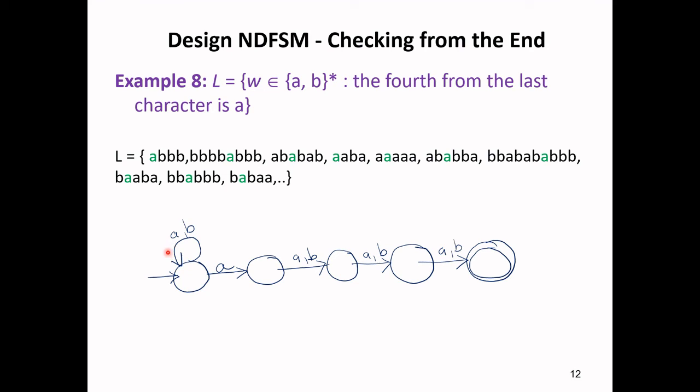So this is the NDFSM obtained for the language having the states Q0, Q1, Q2, Q3, Q4, wherein the fourth character from the right is A.